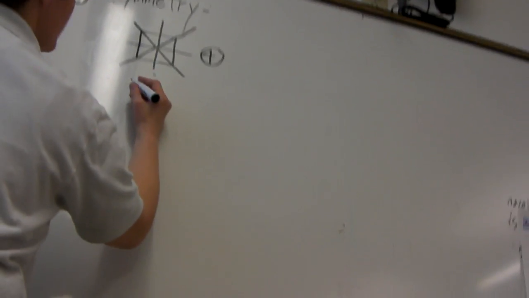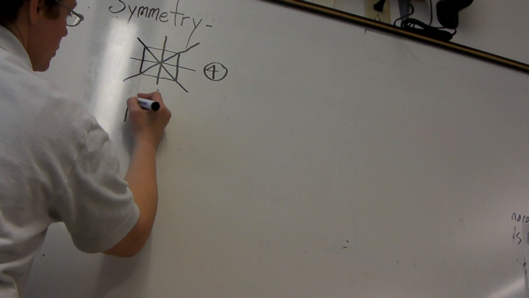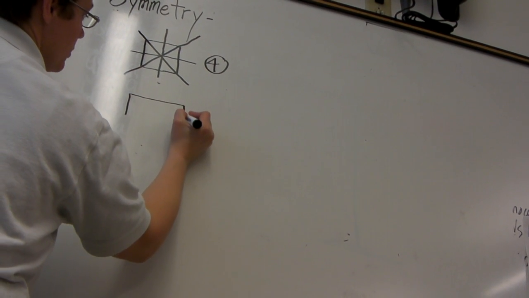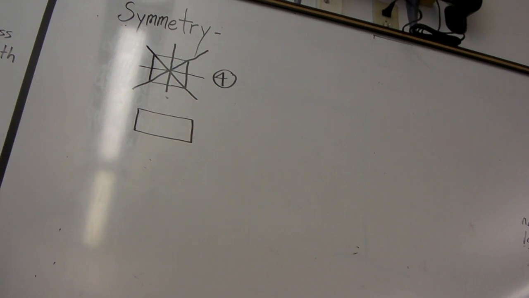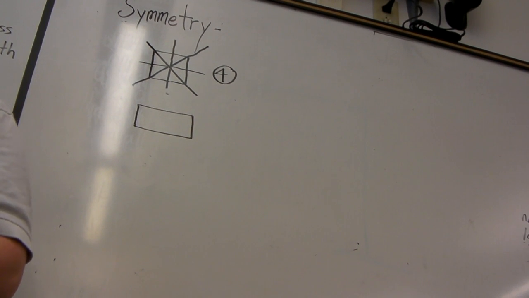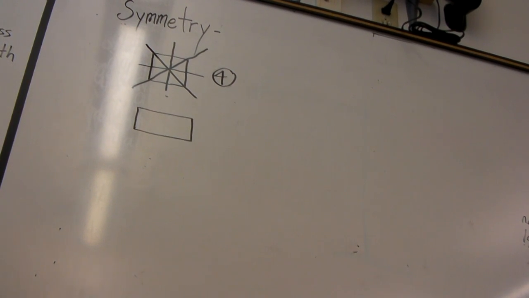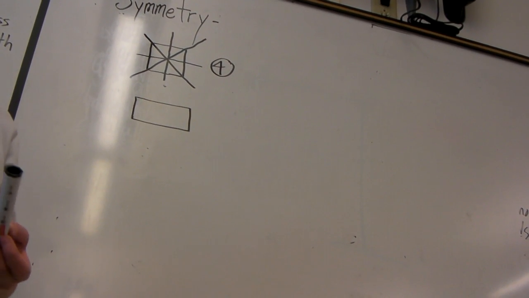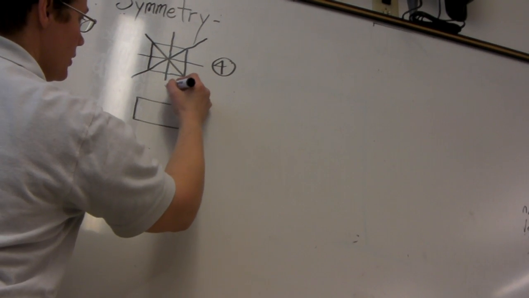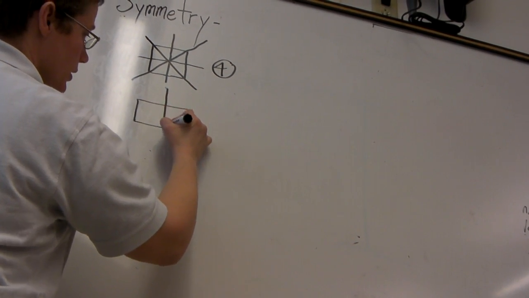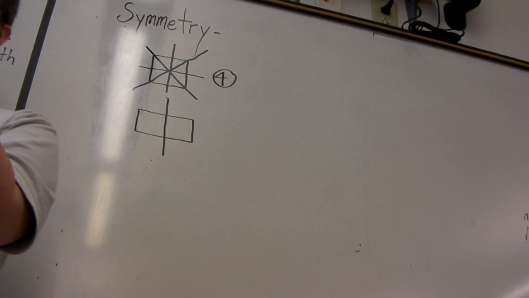That one's a square. How about a rectangle? Show me with your fingers how many lines of symmetry you think a rectangle has. You should be able to show me on one hand. A rectangle will have 2 lines of symmetry. One right down the middle, because I can fold that rectangle right in half.